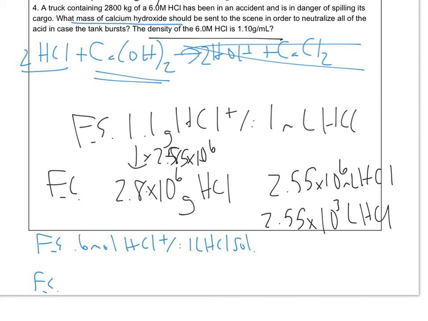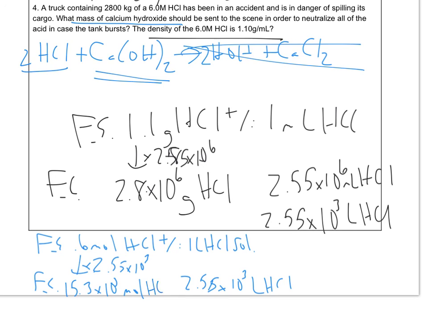And we don't have 1 liter. We got a lot more. We got 2.55 times 10 to the 3rd liters of HCl solution. So this is times 2.55 times 10 to the 3rd. This is 15.3 times 10 to the 3rd moles. Okay, and don't forget that that is the moles of HCl.